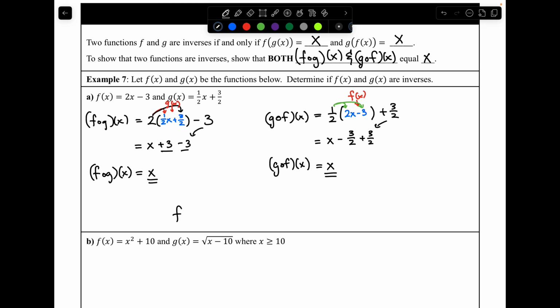So what does this mean? This means that f is equal to the inverse of g, and g equals the inverse of f. So these things are inverses of each other.